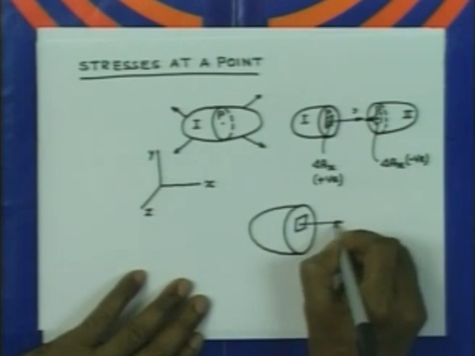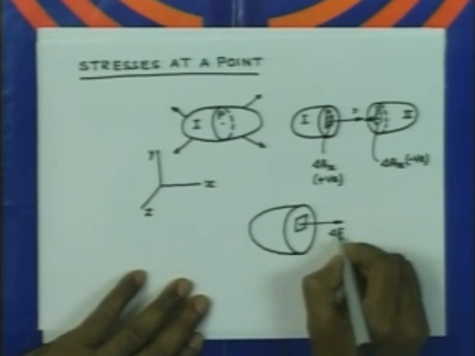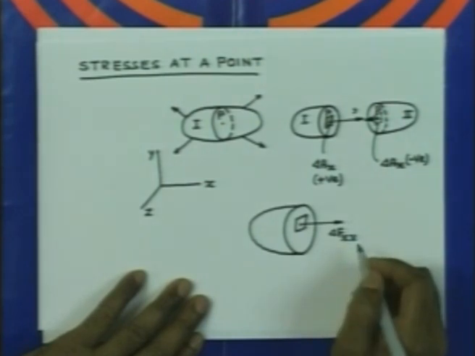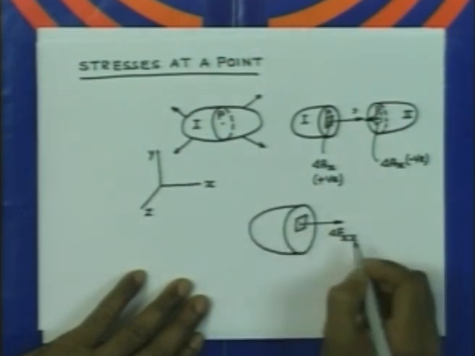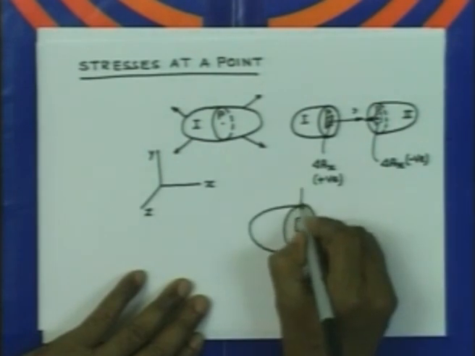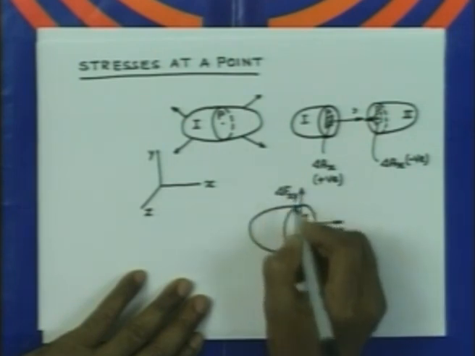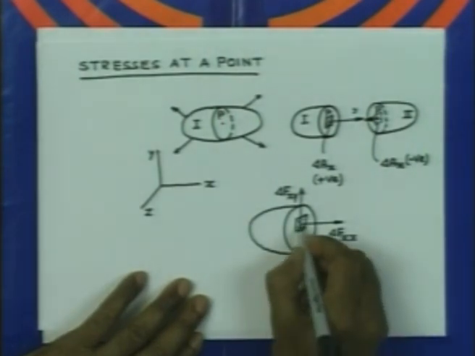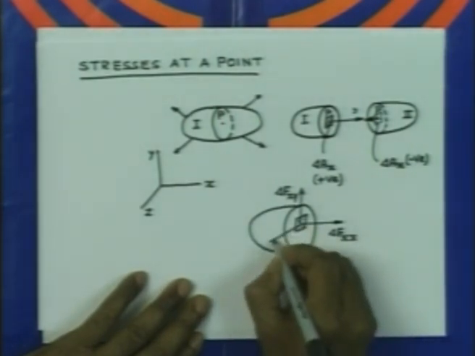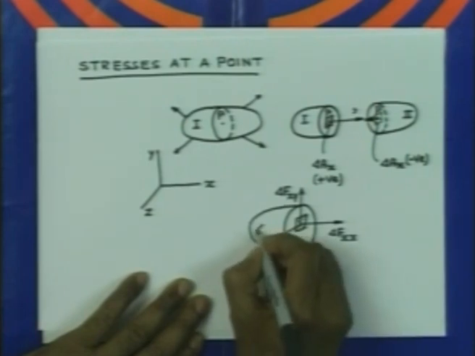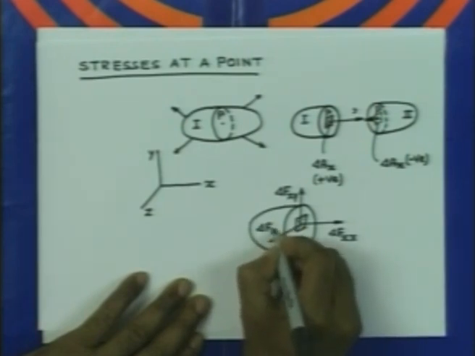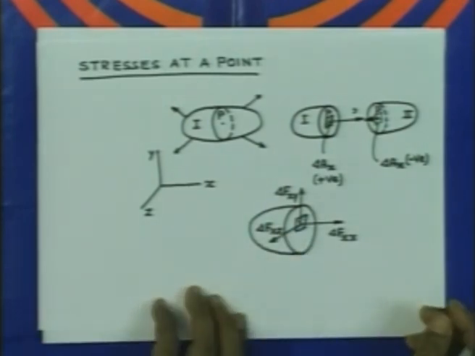So we can have the force resolved into components like delta Fxx, that is the force on the x plane in the x direction, the component on the x plane acting in the y direction, delta Fxy, and the third component is delta Fxz. So these are the three components.